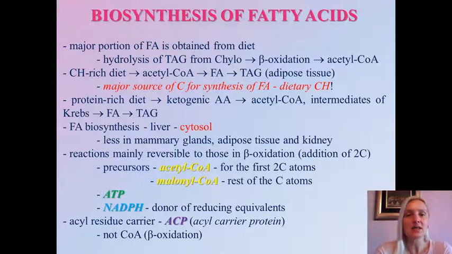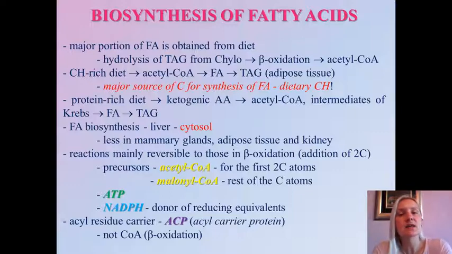But in case a cell does not need energy, having received significant amounts of fast energy from carbs, acetyl coenzyme A can be converted to fatty acids, and the fatty acids incorporated into 3-acylglycerols.